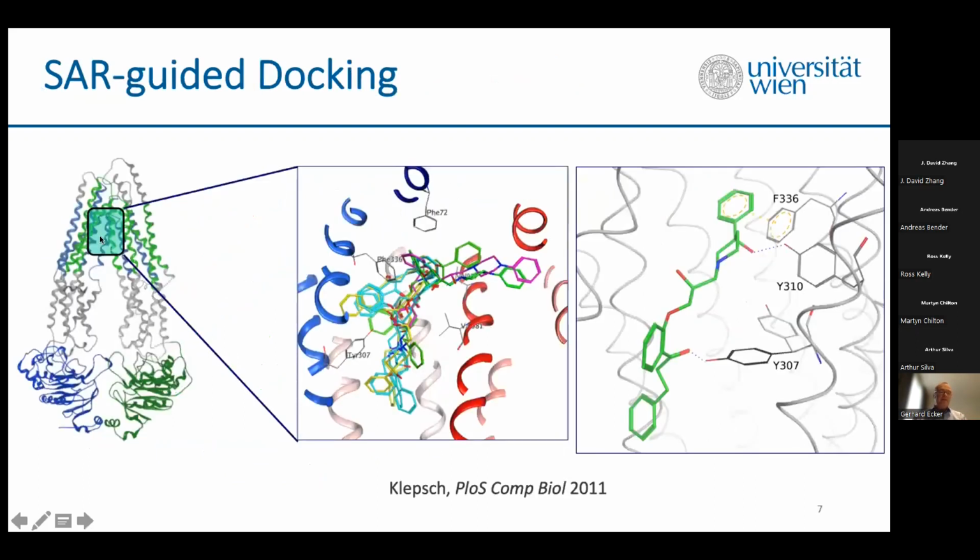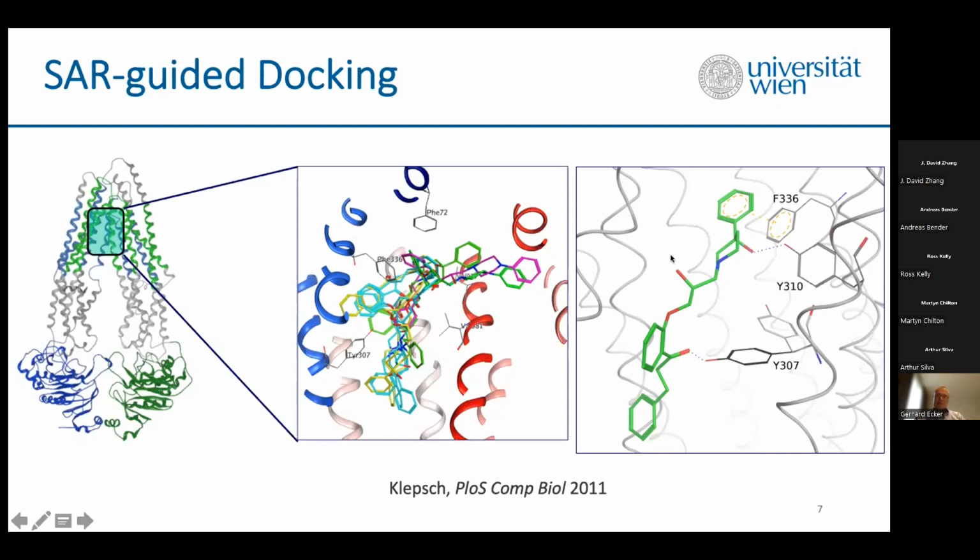So when we did that for P-glycoprotein, for example, what you see here is the huge binding area. You see some of the clusters we get. And when you finally take each cluster and analyze it, you come up with this basic binding hypothesis, which is able to explain the SAR. So we see this hydrogen bond to the tyrosine 310 for the hydroxyphenylpiperidine side chain, which definitely brings order.